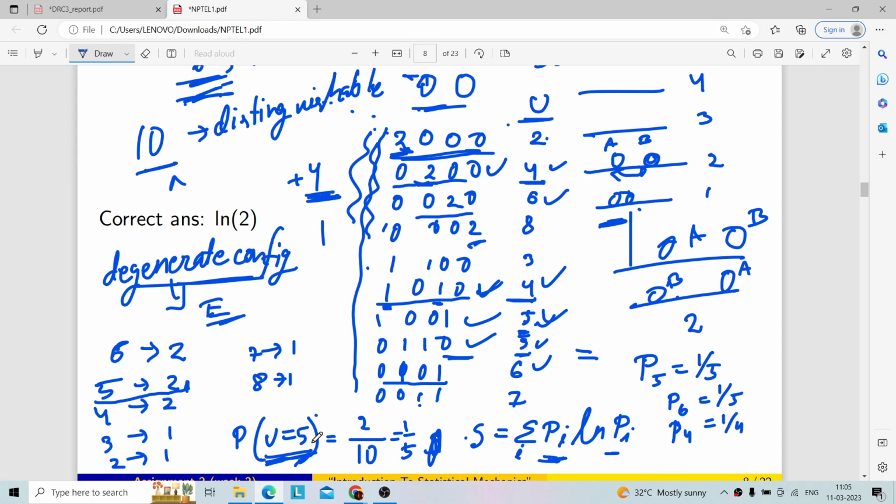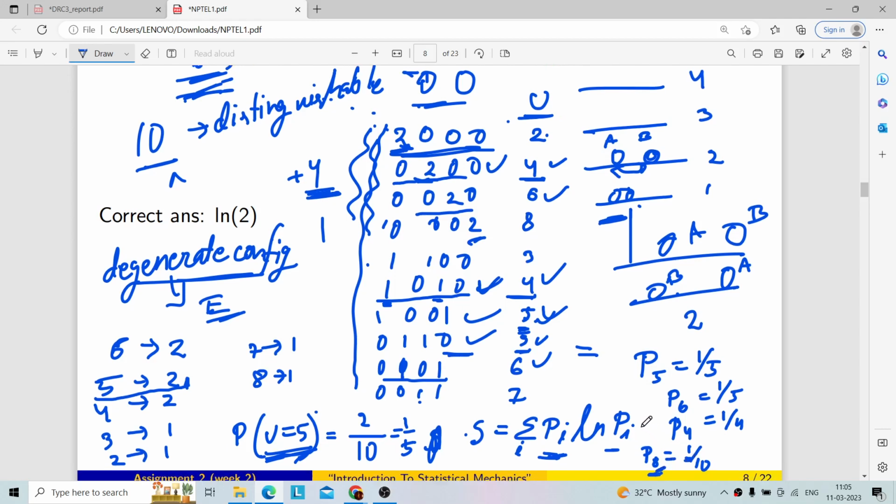What will be P3, P2 and P1? They are only one state each. I am denoting this subscript as energy. So P8 is 1 over 10. So I have one configuration out of 10 which has a total internal energy of 8.